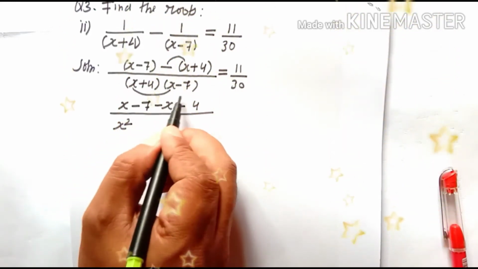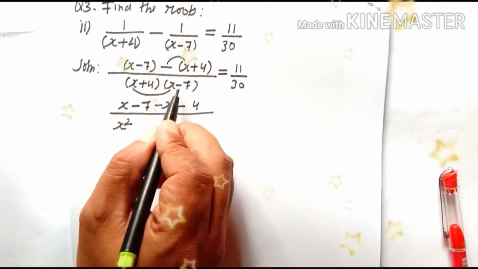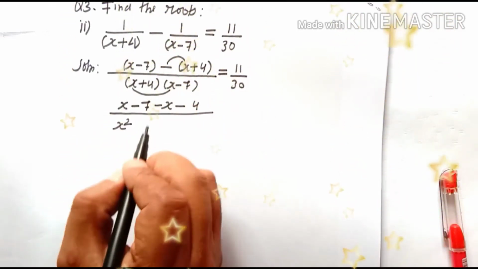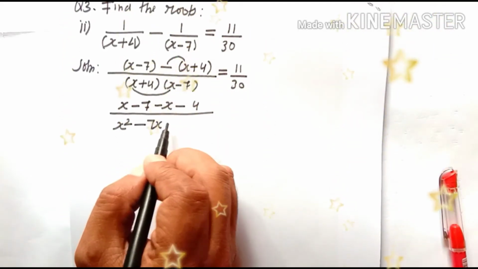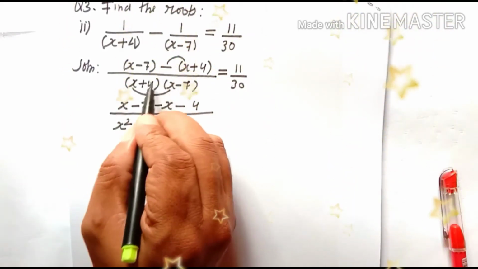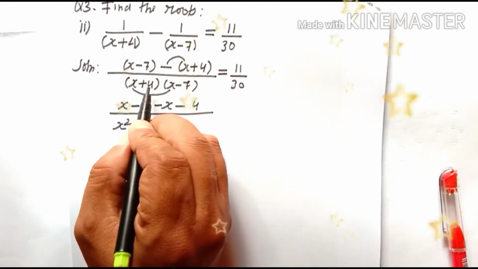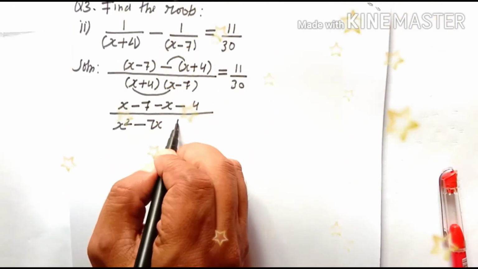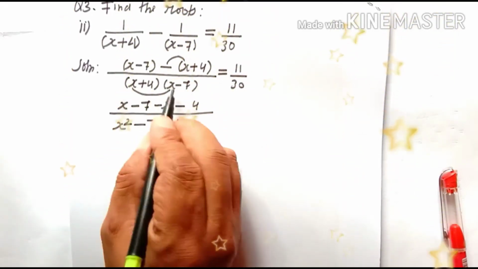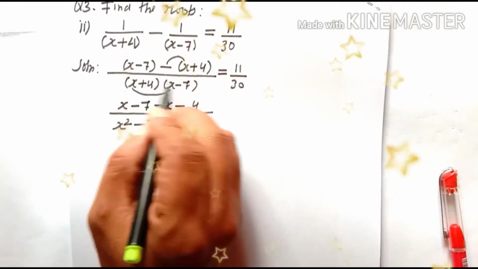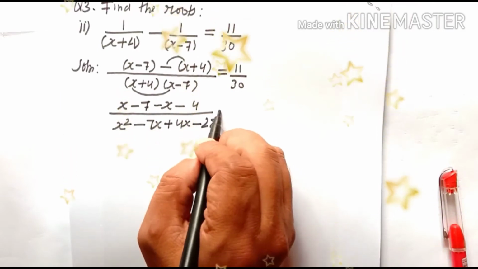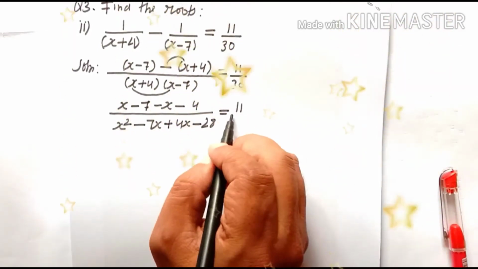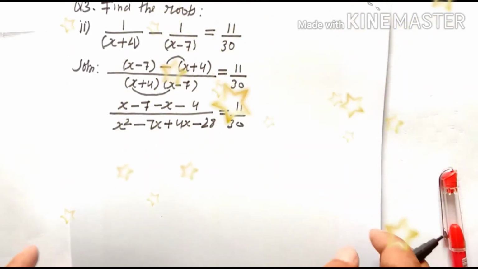Now again x into minus 7, but before that, see their signs: plus, minus, minus, so x into 7 is minus 7x. After that, with plus 4 you'll have to multiply both the terms. 4 into x is 4x, plus, plus is plus. Again plus, minus, minus: 4 into 7, which is 28, equals 11 divided by 30.